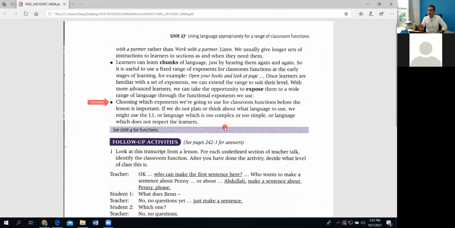So when you are starting a lesson, it is better to select what kind of language you will use to give the instructions. Otherwise, if you do not plan it, you may say something which is not appropriate for the situation. All right, so this is all about the teacher's language in the classroom.